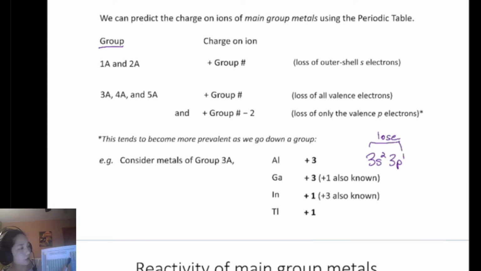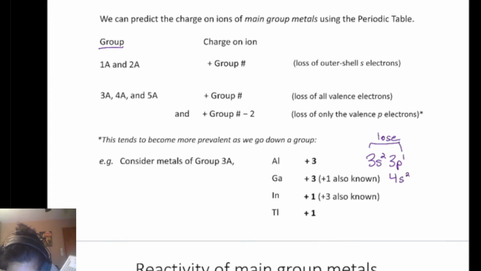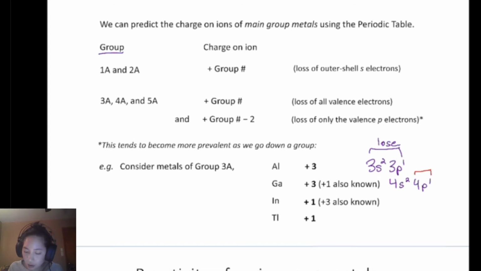Gallium. If we just go down the group, gallium can also lose all three of its 4s2 and 4p1 electrons, so we can lose all three to produce a +3 cation. But at least for gallium, there are also gallium +1 compounds, with +1 cations associated with it.